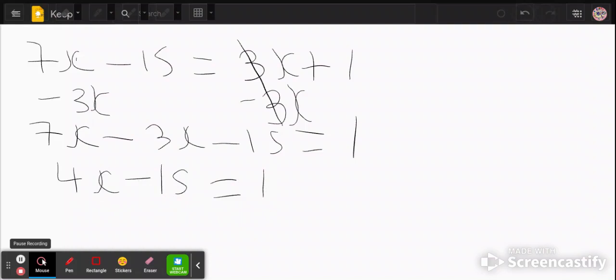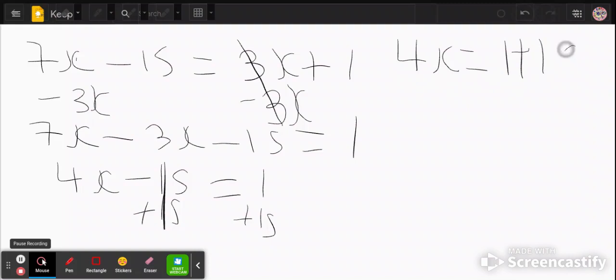So we need to do the opposite of minus 15 because we want to get rid of the number that's beside the term 4x. So we're going to add 15 to both sides, right? So now we're left with 4x is equal to 1 plus 15.